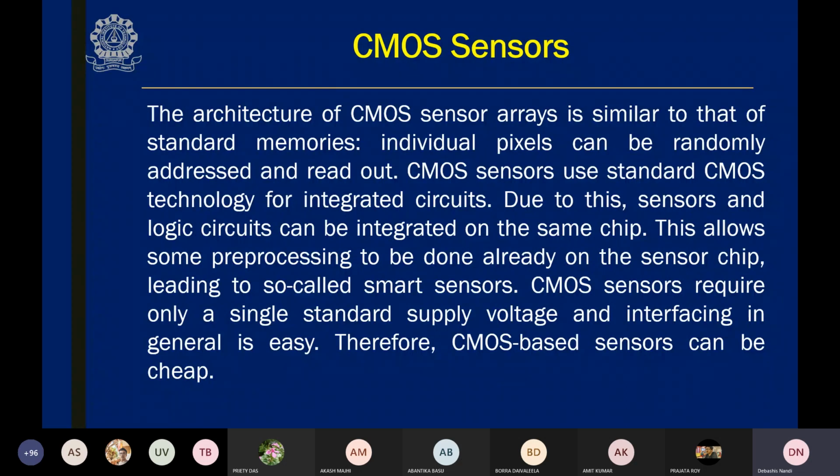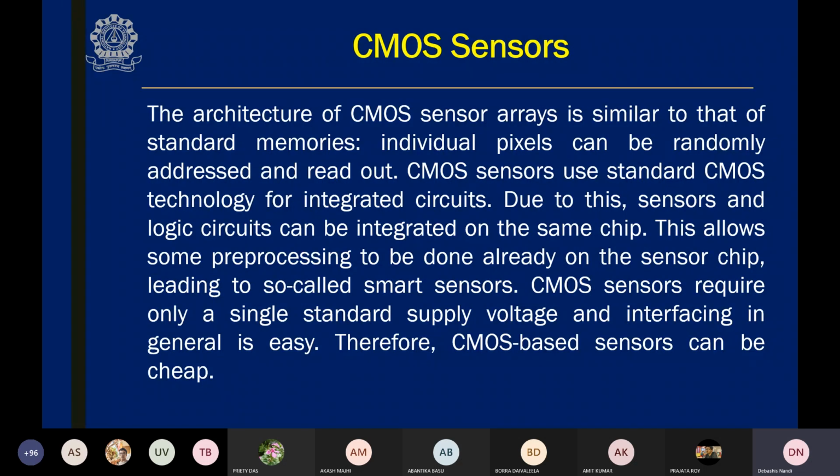So within the same chip, it is possible to capture the signal and process the signal. That means it is becoming more and more compact. That's why nowadays different handheld small cameras are using CMOS technologies, like webcams, mobile cameras and computer webcams. All these things are using CMOS sensors nowadays.